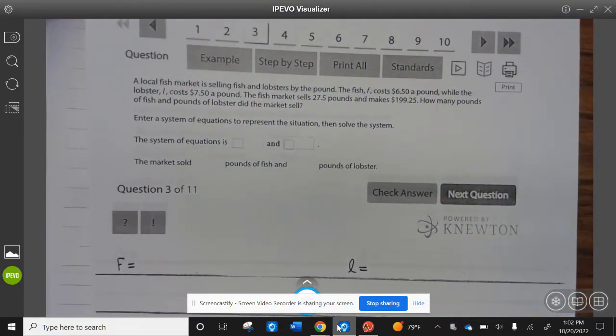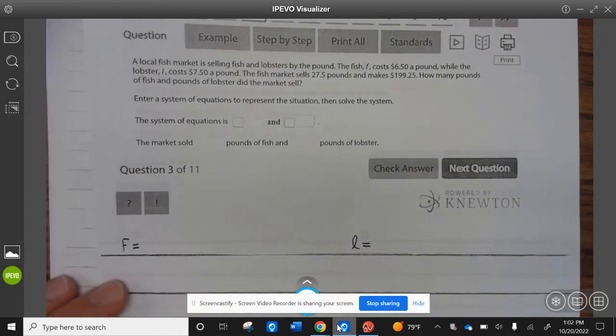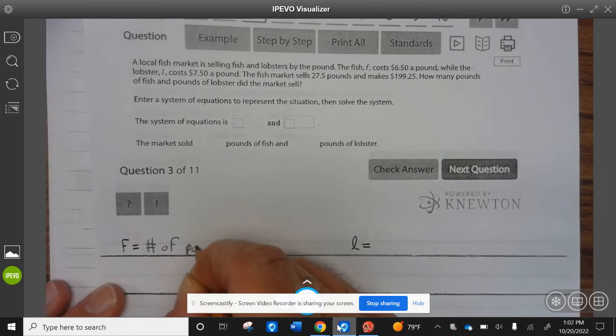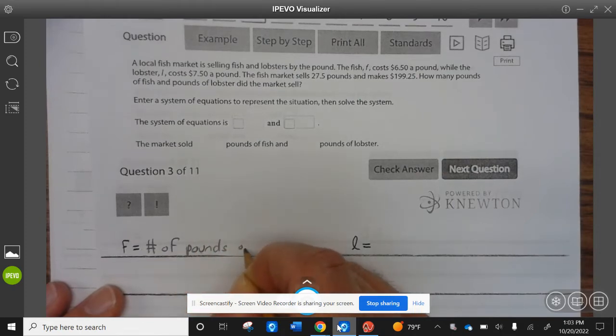A local fish market is selling fish and lobsters by the pound. The fish costs $6.50 a pound, while the lobster costs $7.50 a pound. The fish market sells 27.5 pounds and makes $199.25. So first thing, F is the number of pounds of fish.